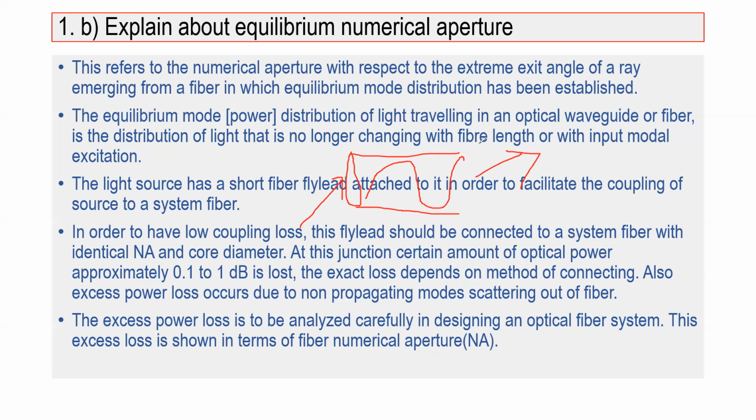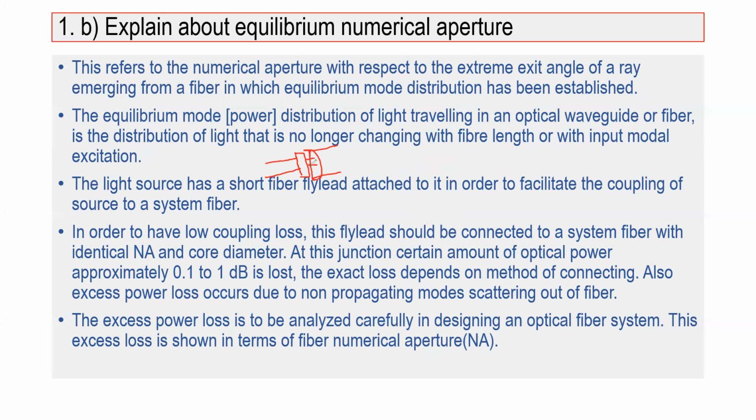That means we are assuming that the signal which we have sent into the fiber is coming out of the fiber exactly. Okay. The light source has a short fiber fly lead attached to it in order to facilitate the coupling of the source to a system fiber. For example, you have a fiber over here, you will be having a connector over here. After the connector, you will be having a small portion of the fiber, in order to connect this to the transmitter or receiver which is present over here.